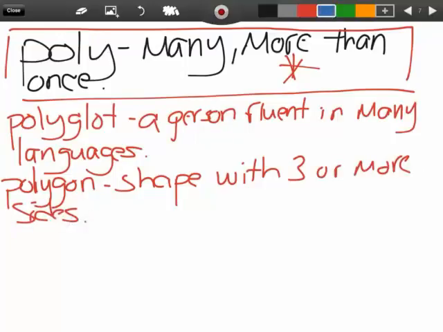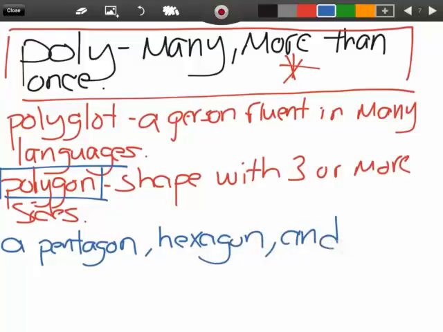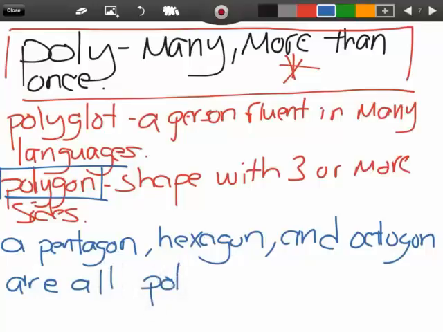I'm going to go ahead and use polygon in a sentence. I'm going to say a pentagon, hexagon, and octagon are all polygons.